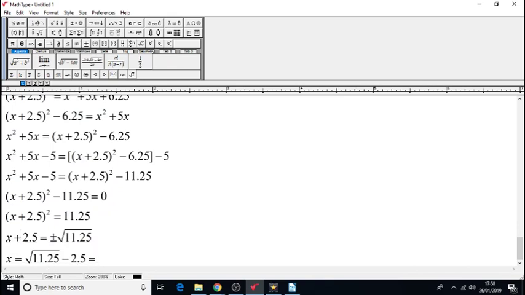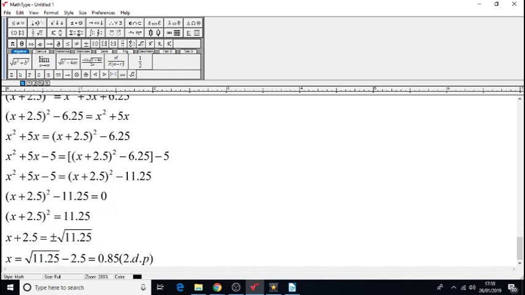So we're going to get it to two decimal places. Square root 11.25 minus 2.5 is equal to 0.85, to 2 dp.